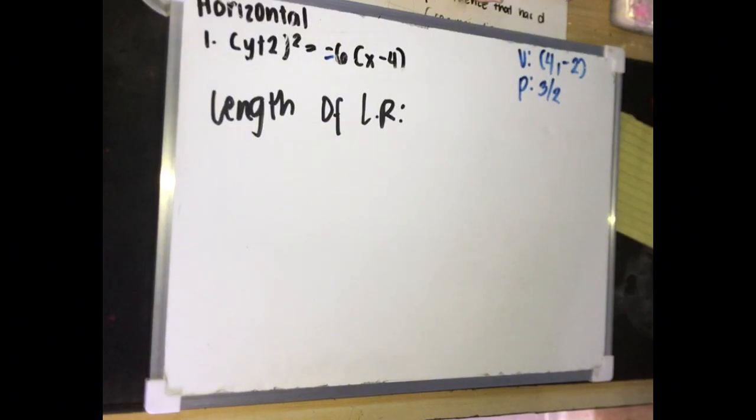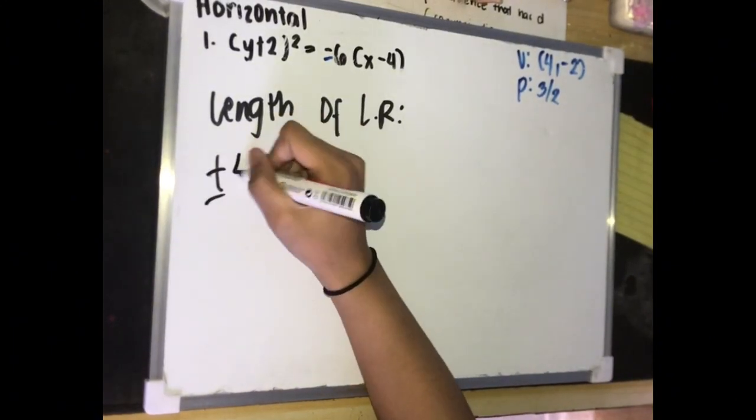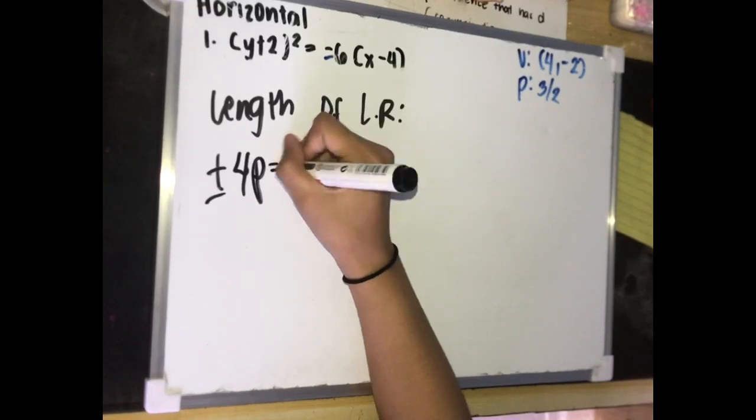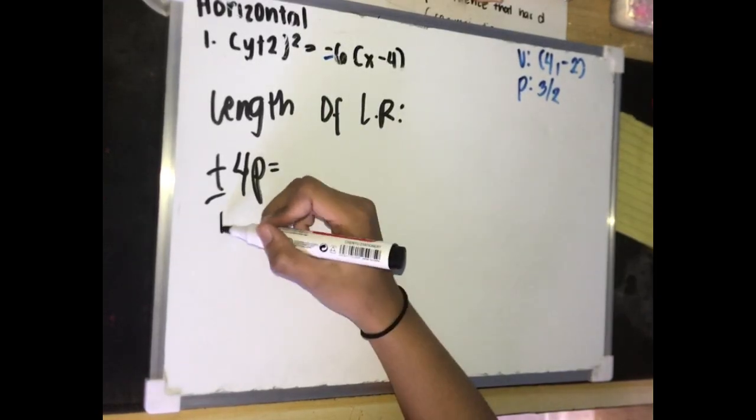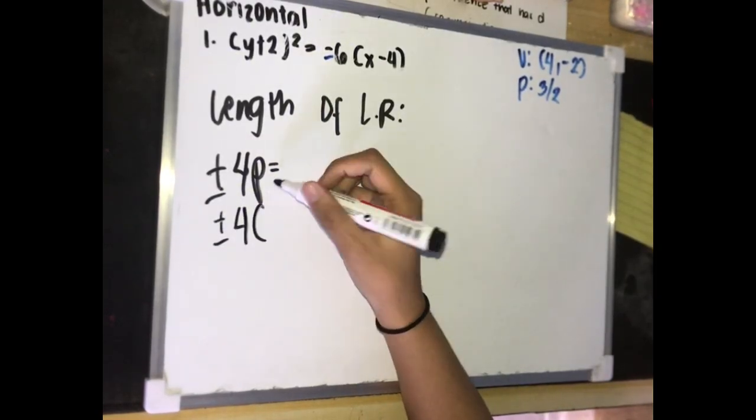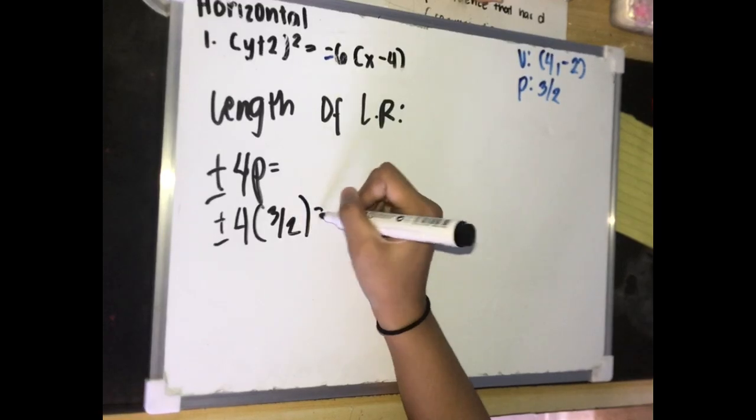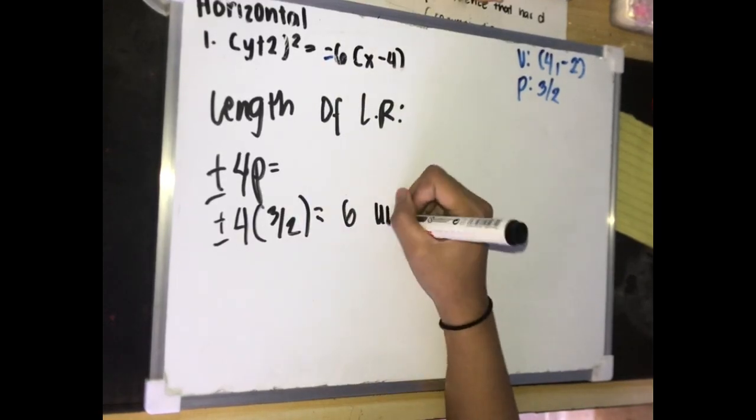So, to solve for the length of the latus rectum, we're going to use this formula. So, positive and negative 4 times p, which is 3/2, it will be 6 units.